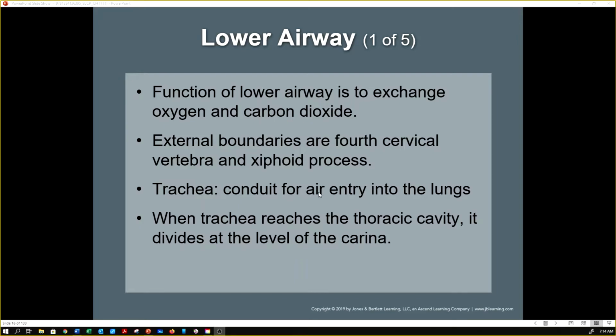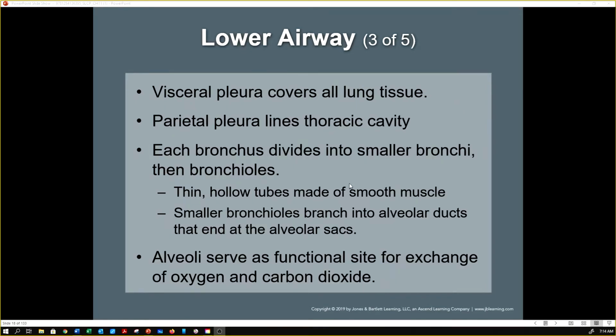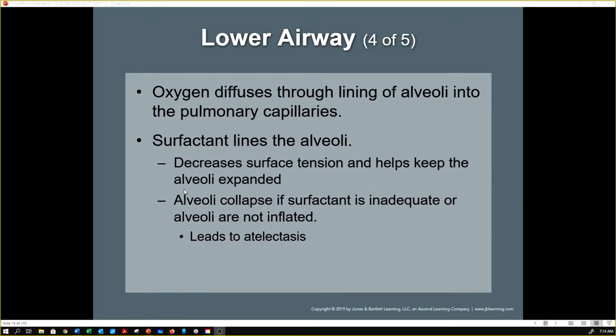We did talk about the function of that lower airway. Remember the bronchi, the bronchioles, the alveoli. Talked about the visceral pleura. Kind of going through this.